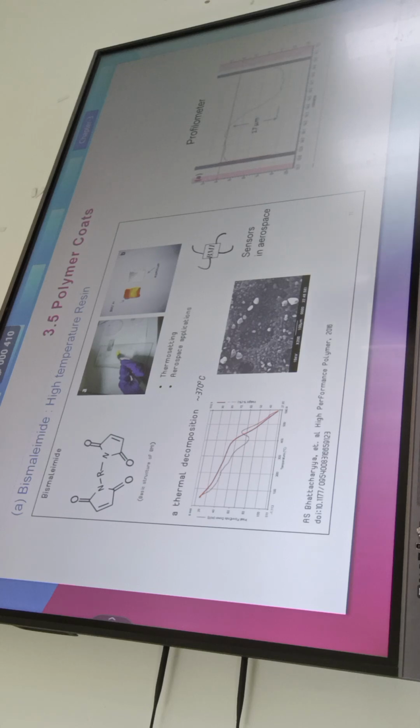So here in this image I have shown the basic structure of BMI, then how it is fabricated, that is BMI is combined with another material. It can be aluminum or some oxides also, and here the heat flow and temperature graph can be seen, and this is the calorimetry of this monomer resin.